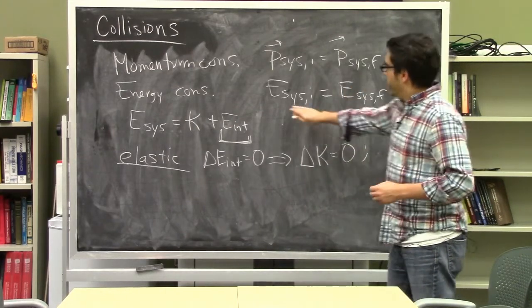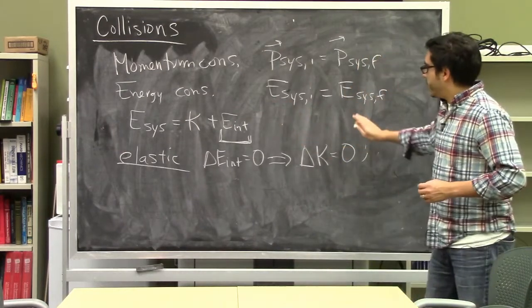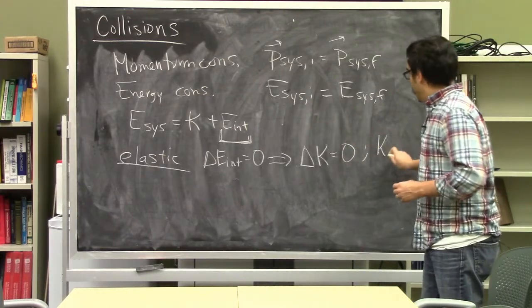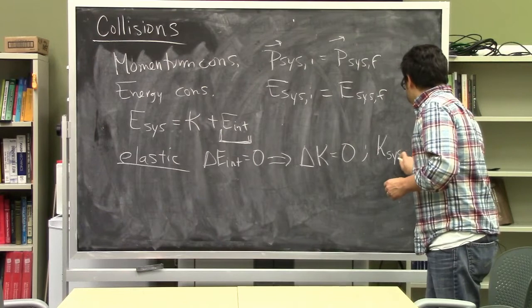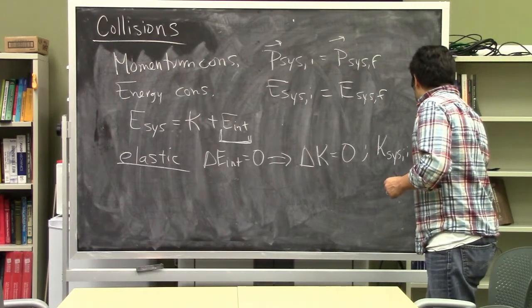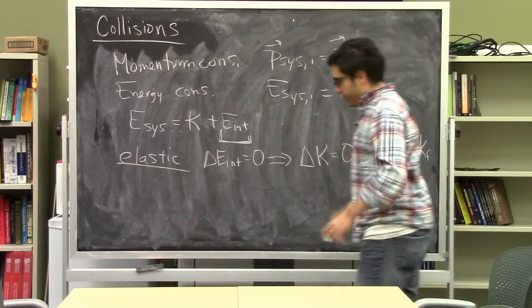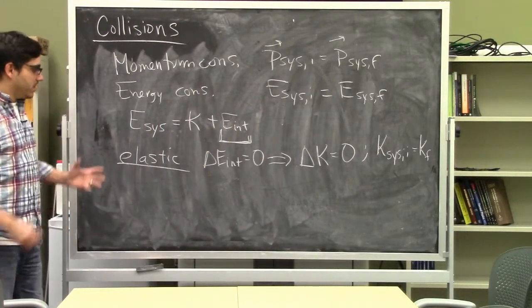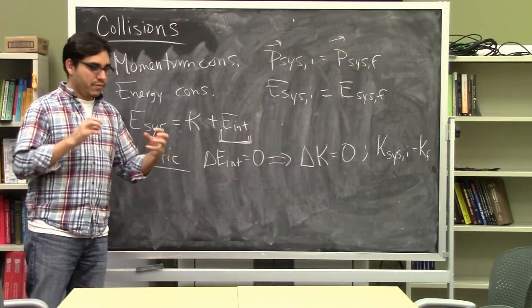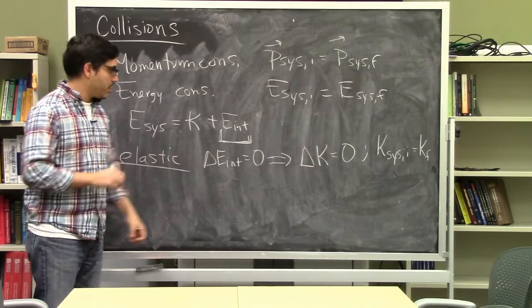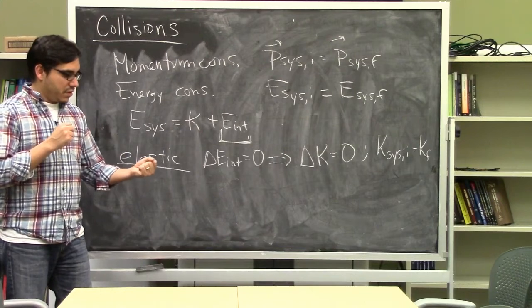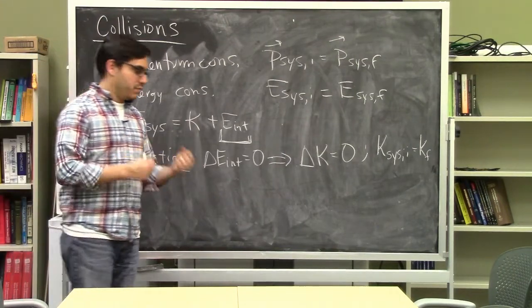So instead of the total energy before and after being conserved, that energy conservation boils down to the kinetic energy of the system before and after being the same. This is a very special type of collision. It's the kind you have with very firm billiard ball type collisions, or with the interactions of various subatomic particles, electrons and so forth.